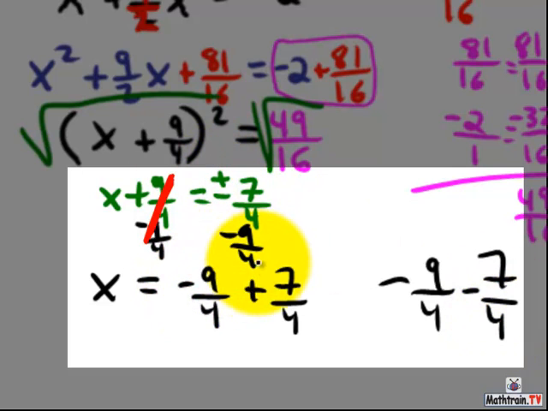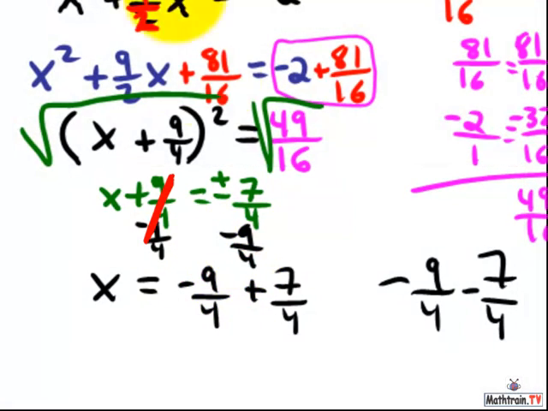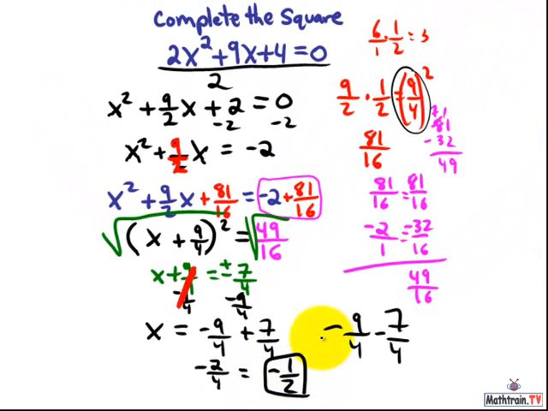So negative 9 plus 7 is negative 2, so I'm going to have negative 2 fourths, or negative 1 half, as one of my answers. And on the other side, negative 9 minus 7 is negative 16 over 4, so I have negative 4. So my answers are negative 1 half and negative 4.